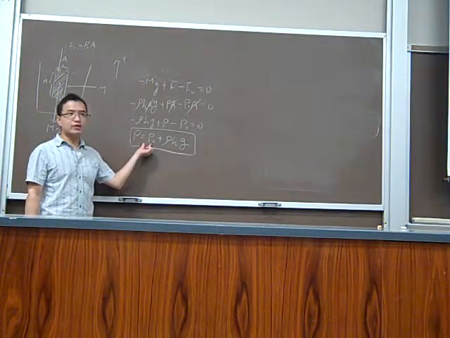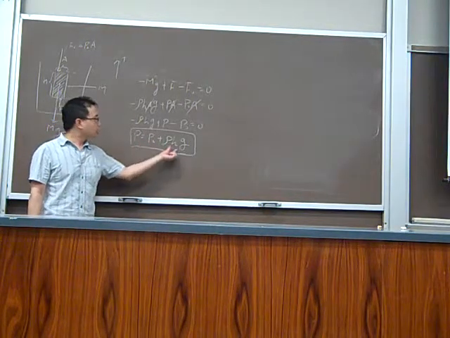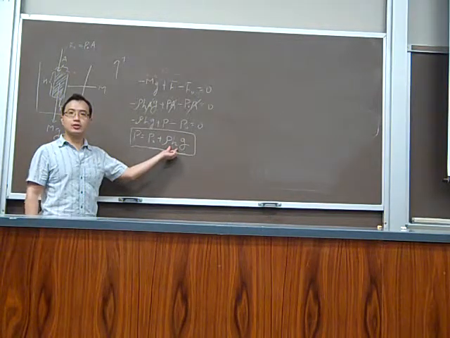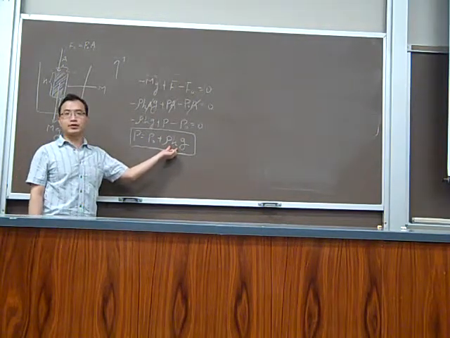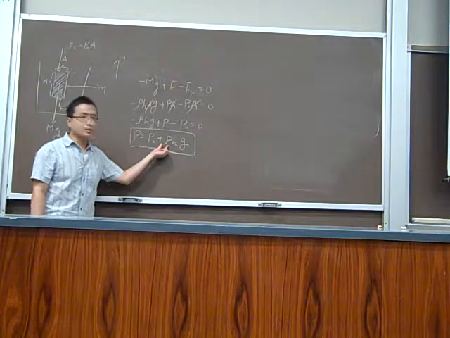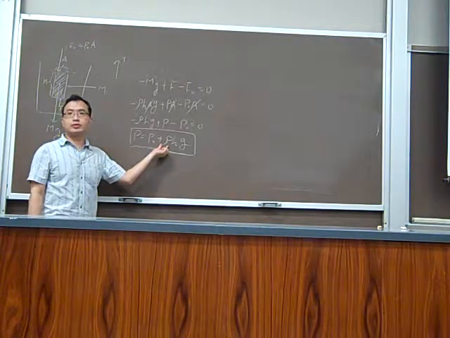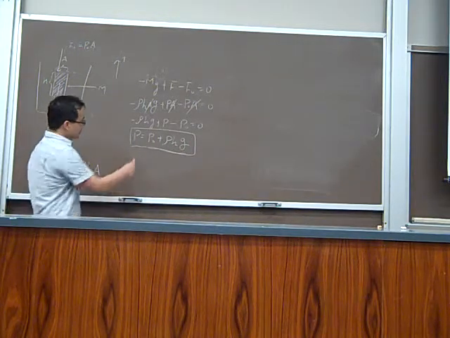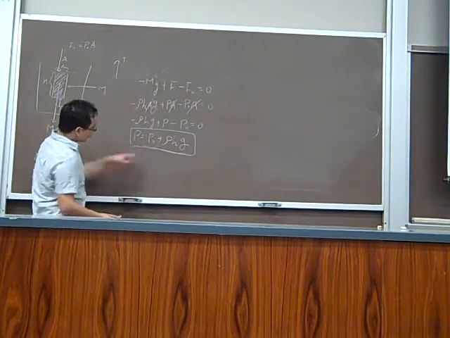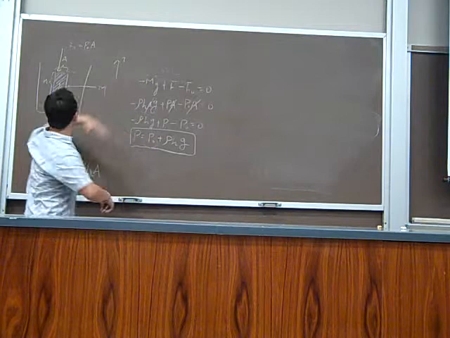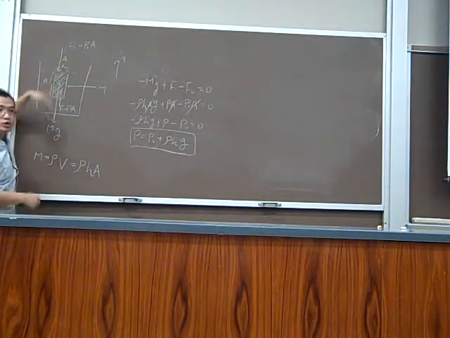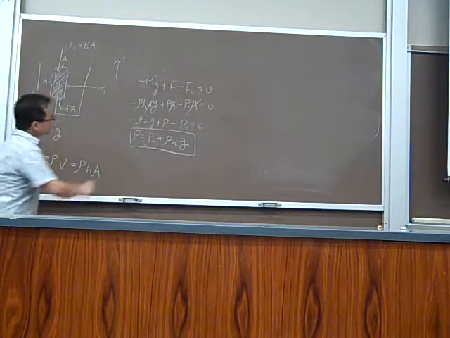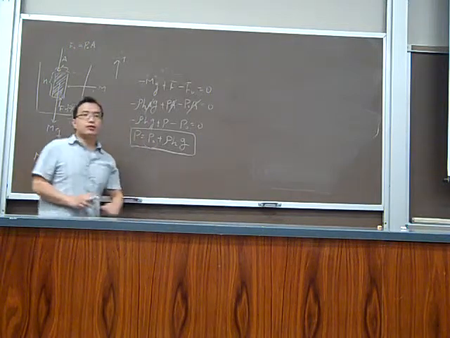It depends on the surface pressure, P naught. It depends on the height measured from the surface. It also depends on the density of the fluid. And g is a constant. So this is just the surface pressure plus the pressure introduced by the height here. So from this expression, we can see a few facts.